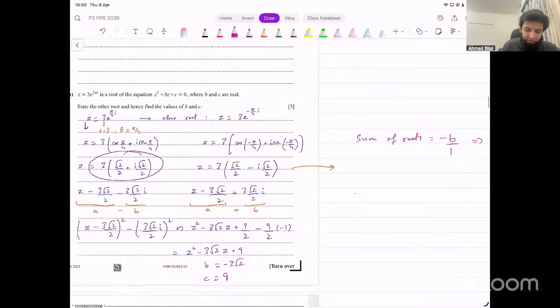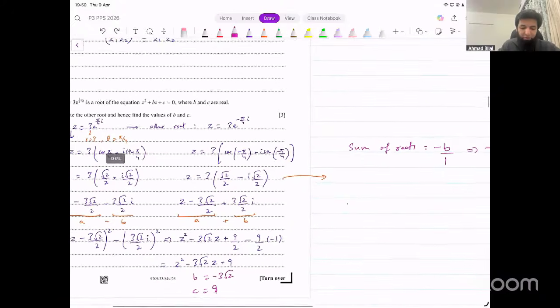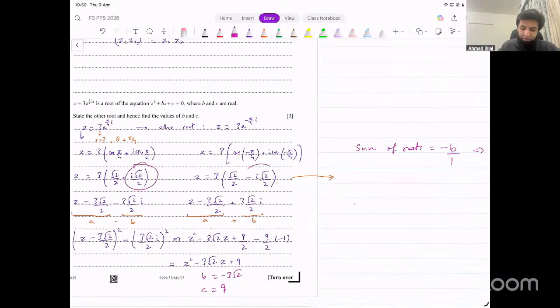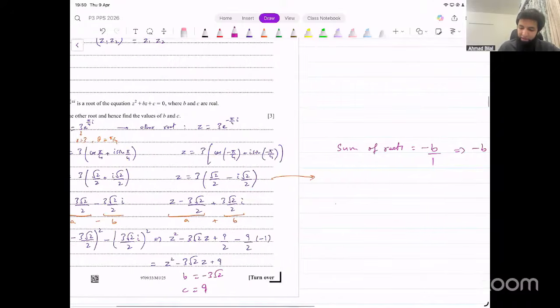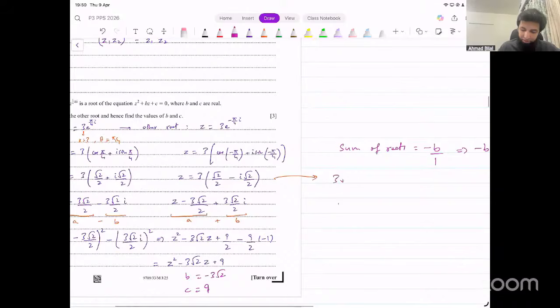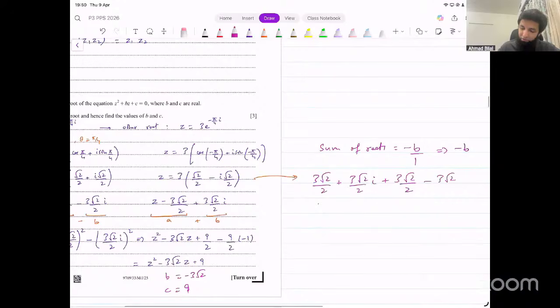Once you get to this point, you have the two roots. Just add both of them up. Since they are conjugates, the imaginary parts get cancelled out and you are left with just the real parts. It will become 3 under root 2 over 2 plus 3 under root 2 over 2 iota plus 3 under root 2 over 2 minus 3 under root 2 over 2 iota.